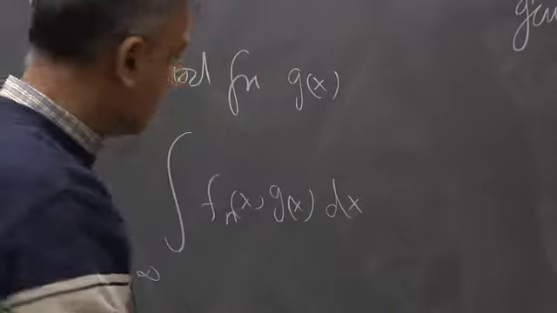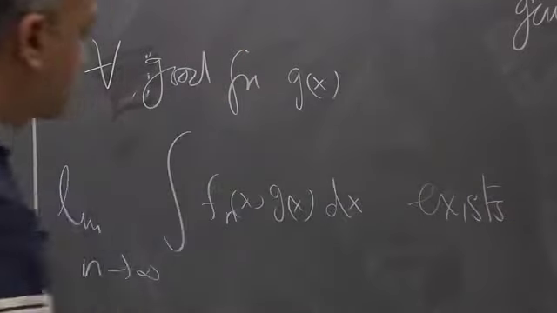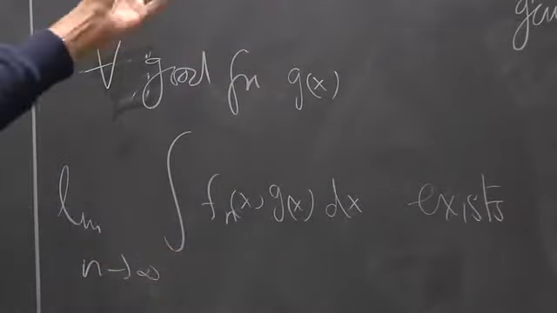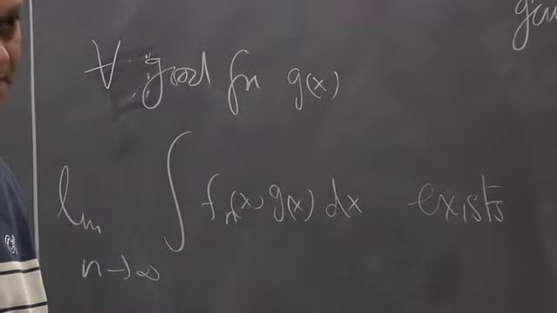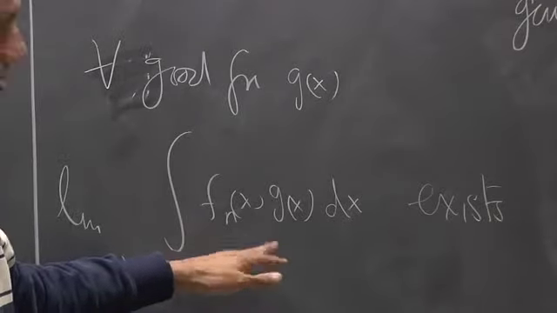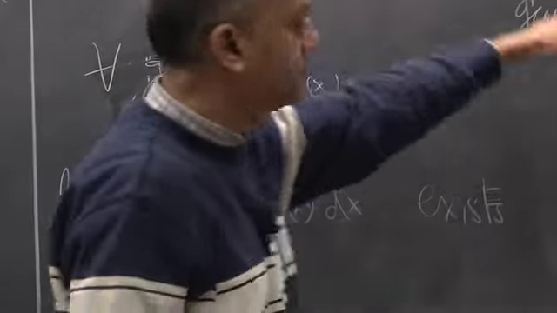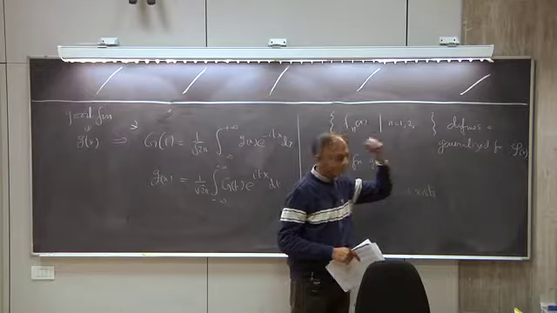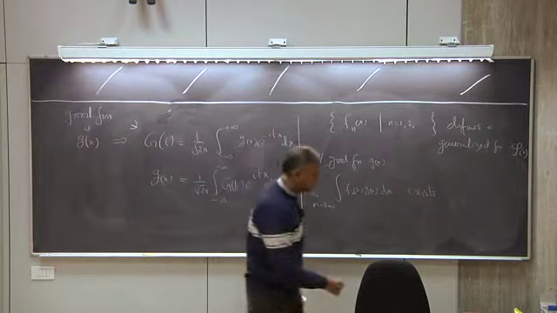That is the point. This is quite an important condition, because if you take an arbitrary sequence, the limit may not exist. So you are only considering those sequences where the limit of this integral exists for all good functions g(x). Then you say that this sequence defines a generalized function.